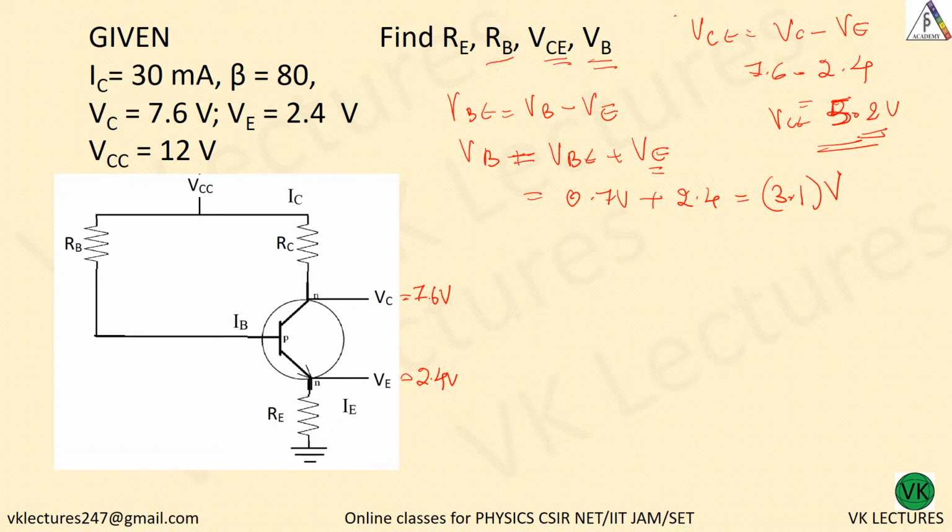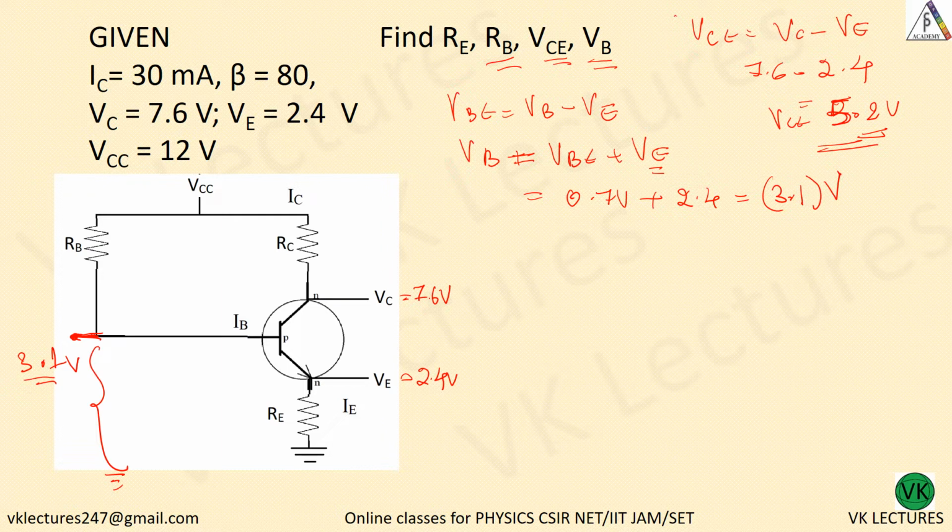Now RB, let us come to the input side. Now at this point, what is the voltage? What we got? VB, that is equal to 3.1 volt. Am I correct? At this point, with respect to the ground, we have 3.1 volt.